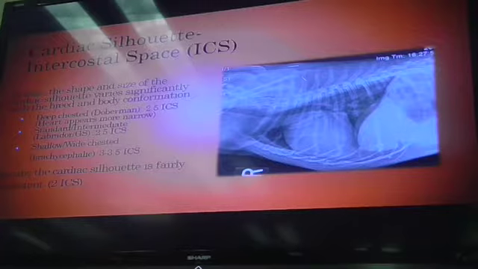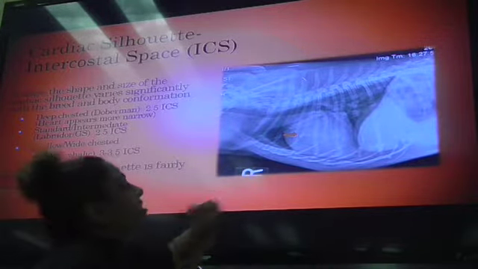All right. So, when we're counting the intercostal spaces, we're going to pick a set of ribs. Okay? I got an animation for this, if it works. All right? And you're going to start from the cranial border and start measuring those intercostal spaces.